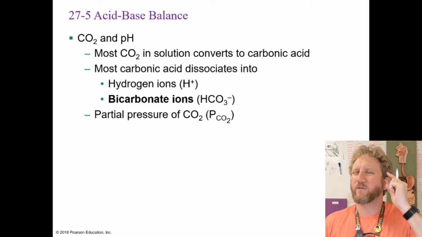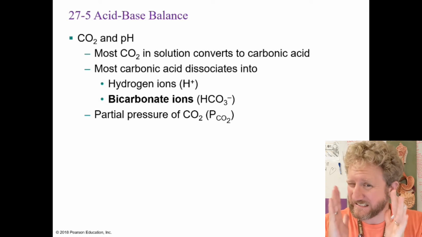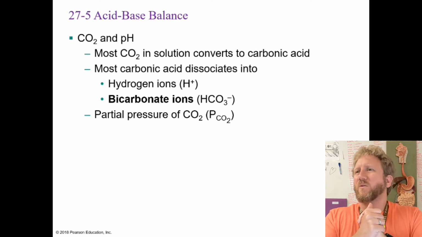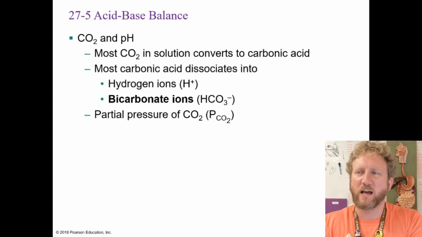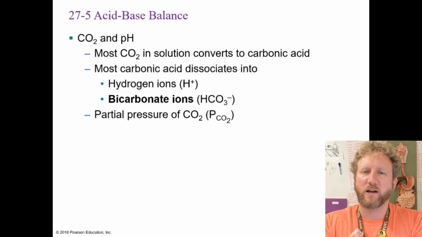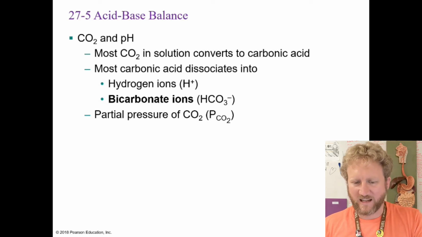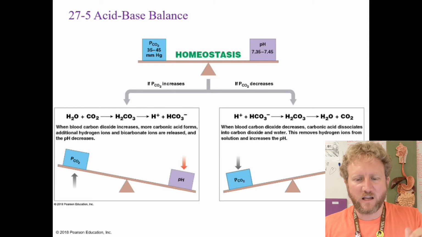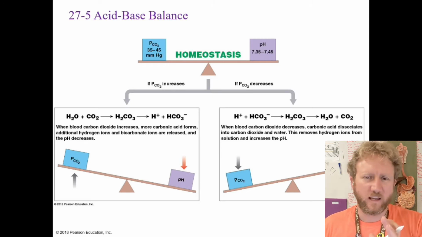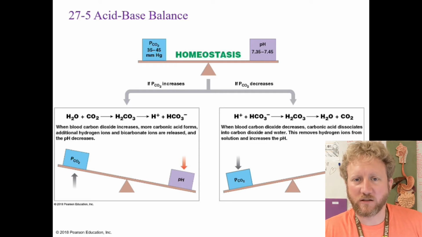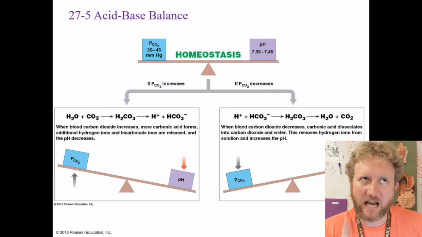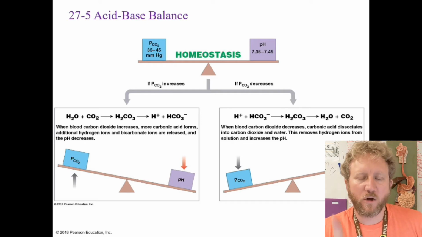Now, this is related to the partial pressure of carbon dioxide and how much carbon dioxide you have in your blood. If you remember, when we talked about the respiratory system, your body determines how much oxygen you have based on how much carbon dioxide is dissolved in the blood, and it does that by measuring the pH of your blood. So, here's how it works. If pH decreases, that means you have more hydrogen ions dissolved in your blood, which means you have more bicarbonate ions.